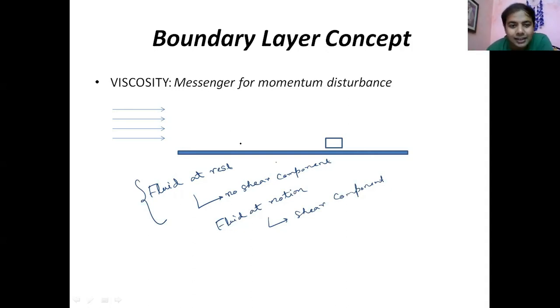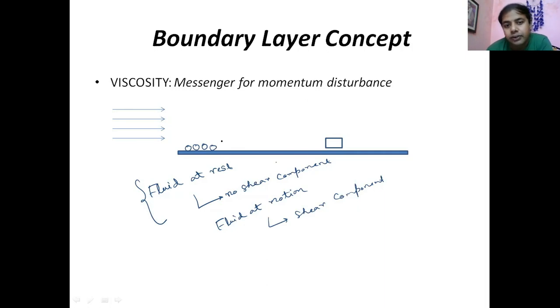How does it look in the same example here? If you consider the fluid, we are talking about the no-slip boundary condition, because in most cases the no-slip boundary condition will be applied. So here the molecules get the same velocity as the plate. What will happen?